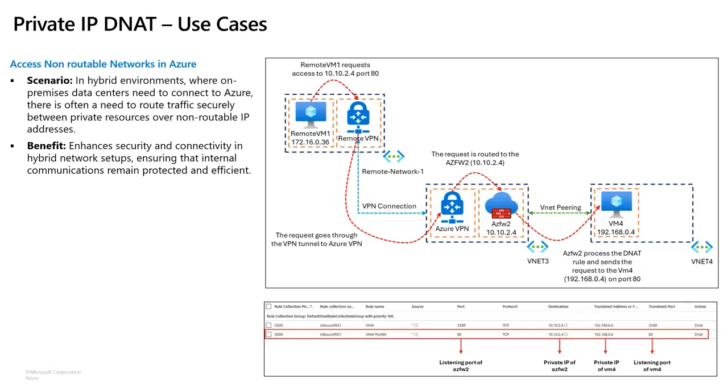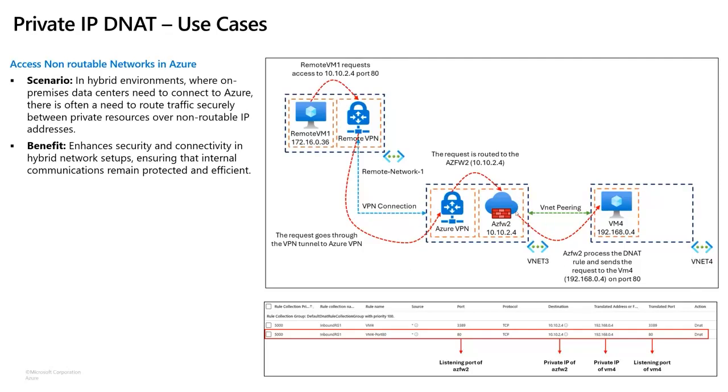They have deployed those workloads behind an Azure firewall. So with this enhancement, the traffic from the on-premises network will arrive on the Azure Firewall private IP address as the destination, and the firewall will perform a DNAT to the backend server, as you can see here in this diagram.